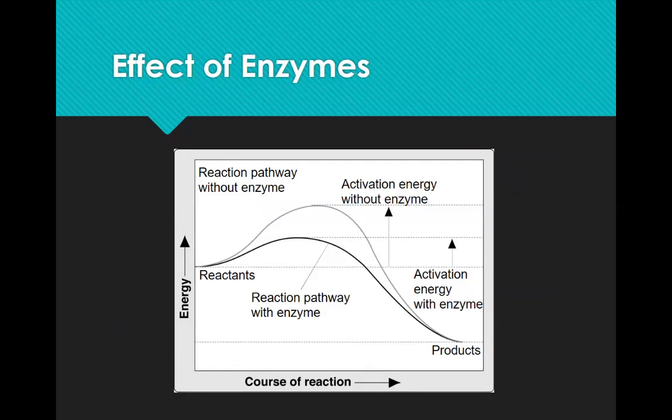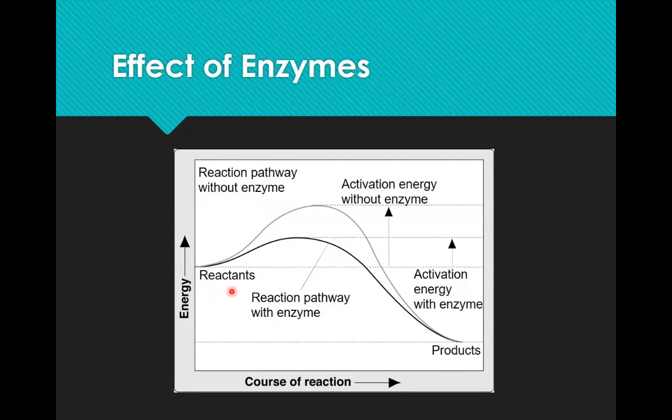If you remember when we went over chemical reactions, we talked about the fact that we start with the reactants and end with the products, but that you always require a certain amount of activation energy in order for the chemical reaction to occur. If you take a look at this graph here, you'll notice the impact of the chemical reaction. Here are the reactants, here are the products.